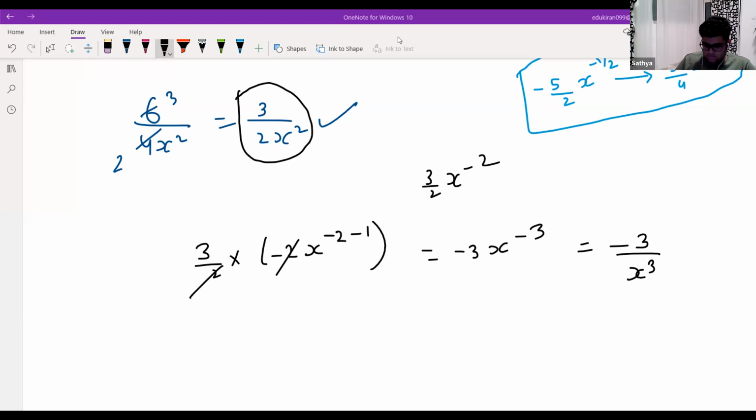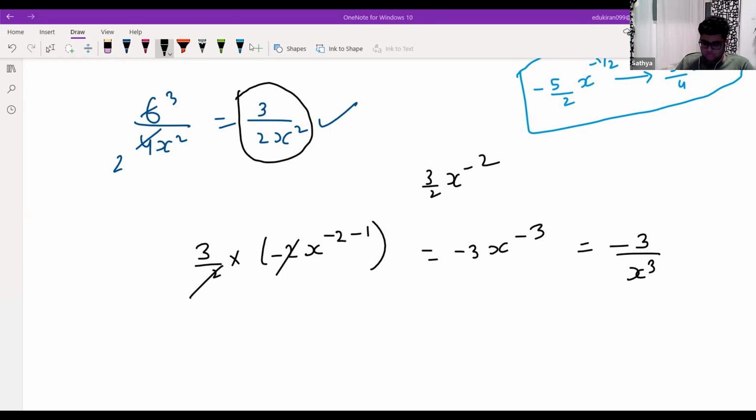So I'm getting 2x squared, should I simplify? One second, let me see. What are you getting for the first derivative? Can you first tell me the first derivative?